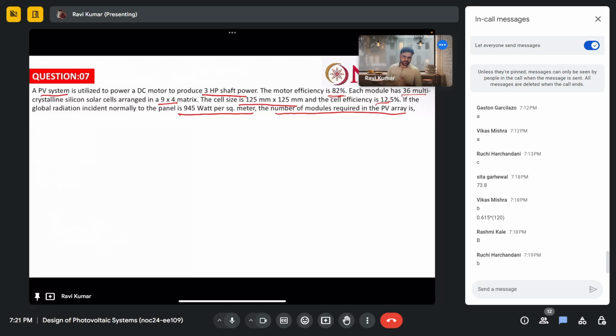Understood? Requirement is given. Generation from cell level is given. Then you need to calculate how many modules you need. These are the options.